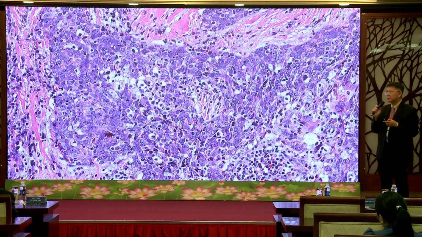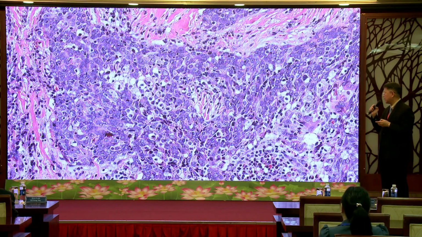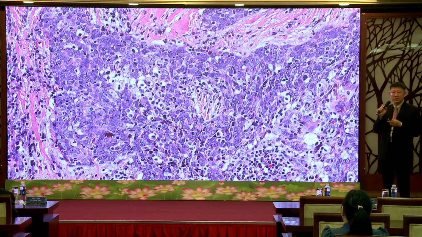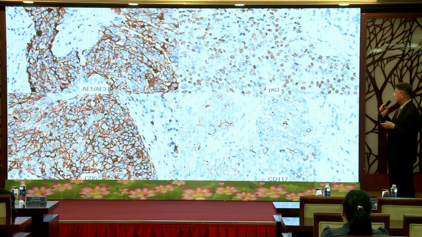So there's another possibility when you see this morphology, undifferentiated carcinoma presenting in the thyroid. One possible diagnosis that you have to think of is thymic carcinoma, intrathyroid thymic carcinoma. Then I did the immunohistochemistry, and it turned out to be intrathyroid thymic carcinoma.